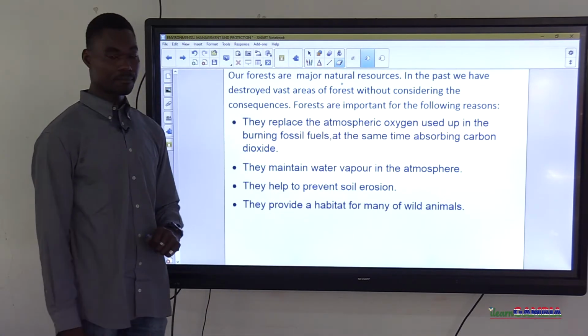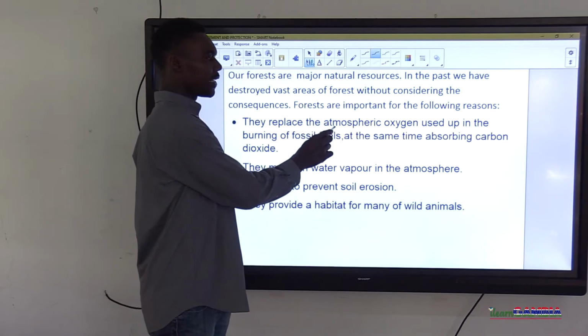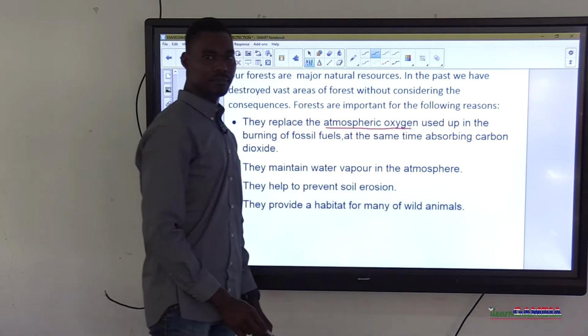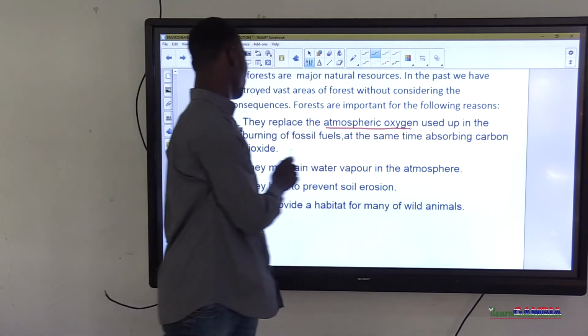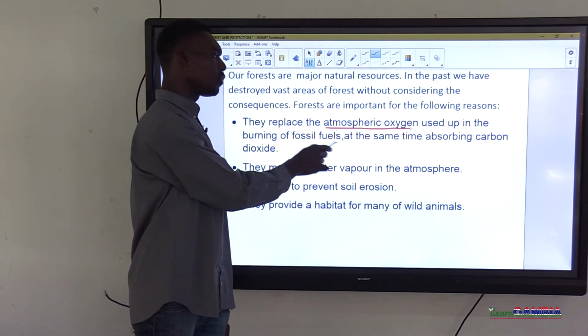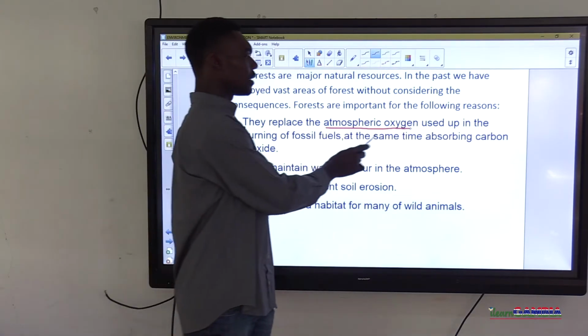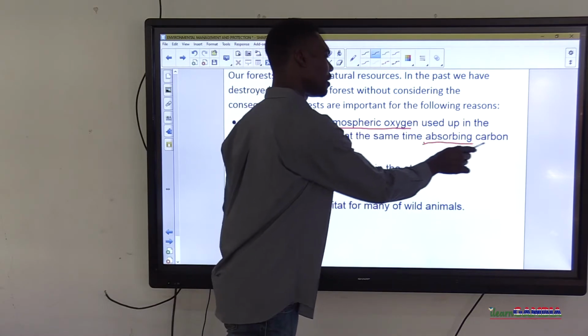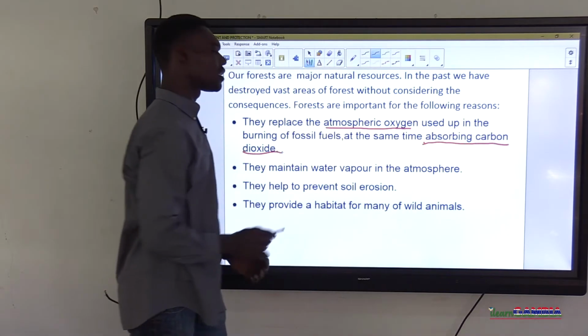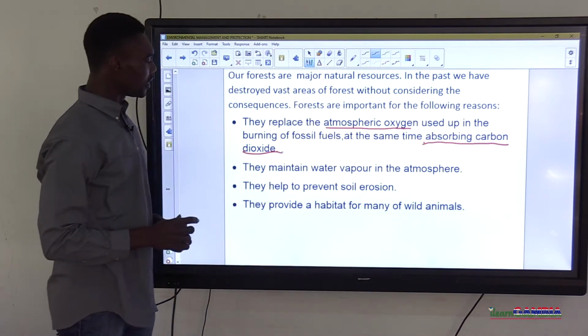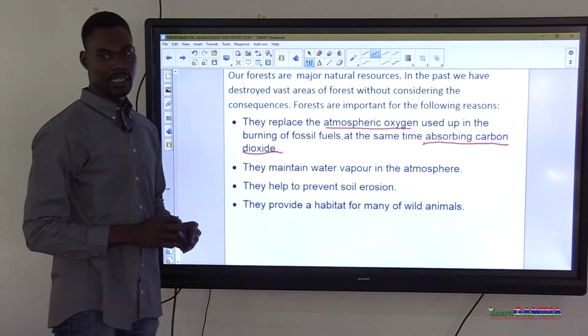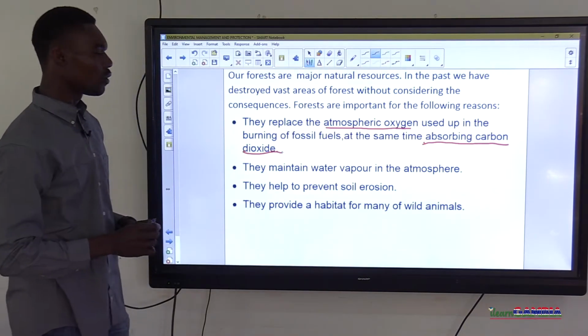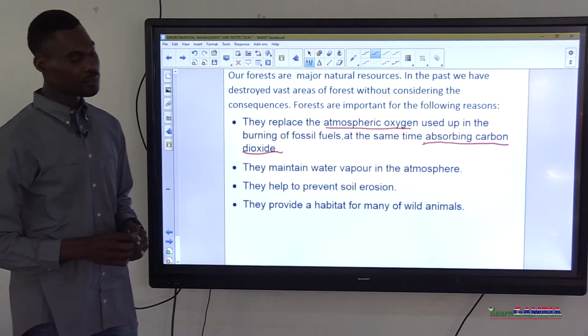Point 1, they replace the atmospheric oxygen used up in the burning of fossil fuels, at the same time absorbing carbon dioxide, excess of which in the atmosphere causes greenhouse effect, which leads to global warming.